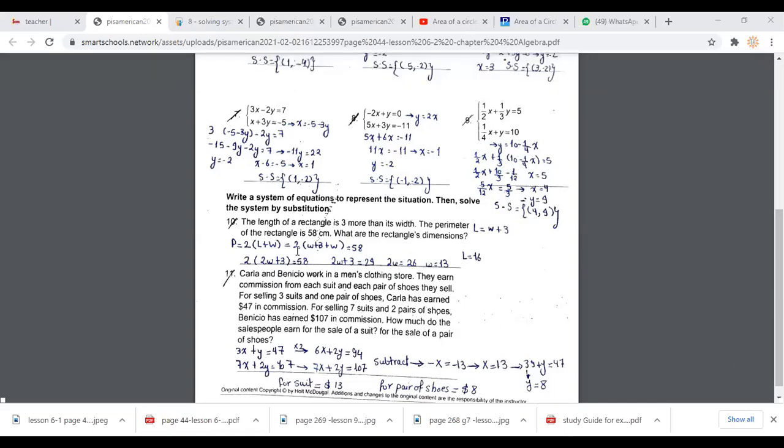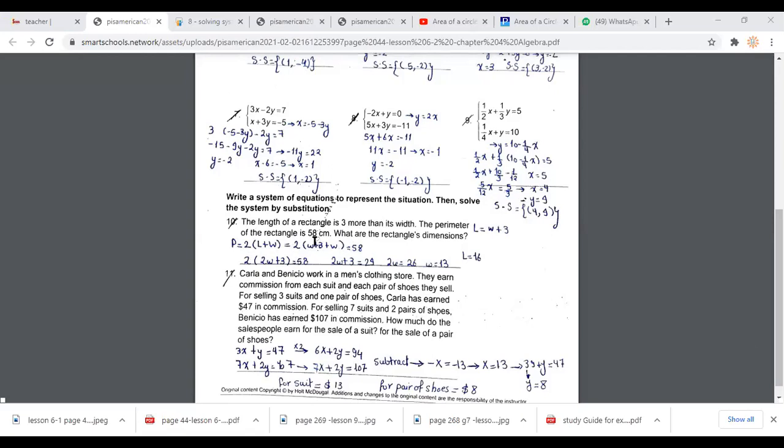And then the second one we are looking for, the perimeter of the rectangle equals 58. So we have to write the rule first, that the perimeter equals 2 times length plus width. Then I'll go back to replace. We said that L equals W plus 3. And we are going to keep W the same, equal to 58.